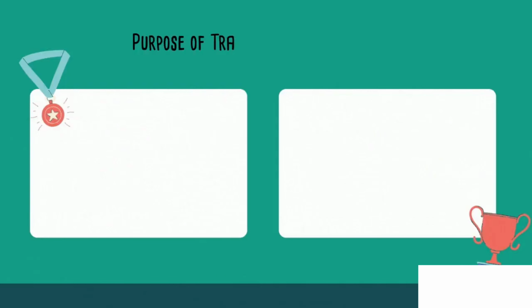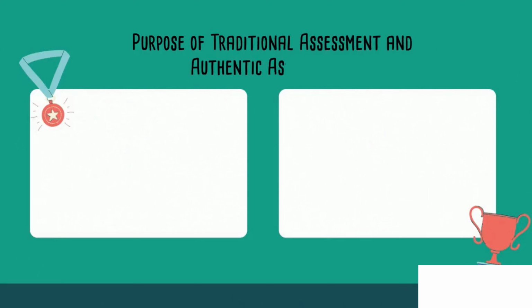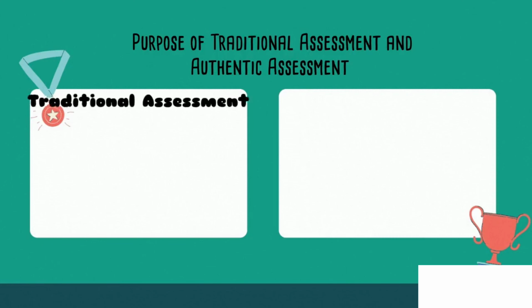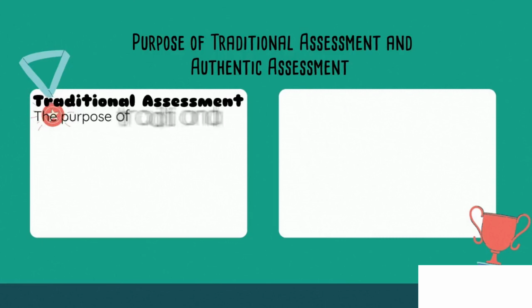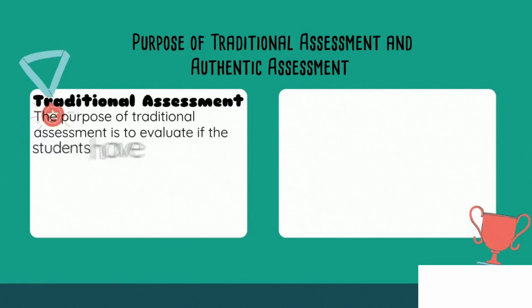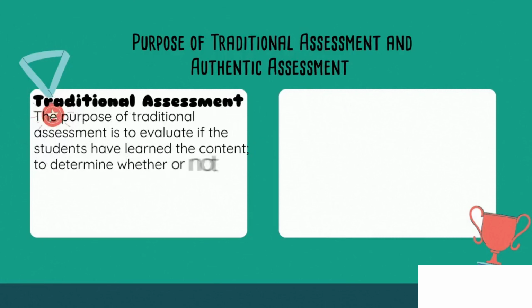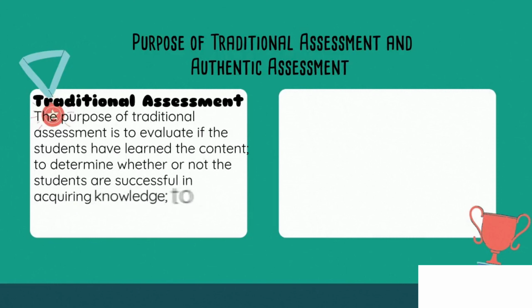Now the purpose of traditional assessment and authentic assessment. The purpose of traditional assessment is to evaluate if the students have learned the content of the lesson, to determine whether or not the students are successful in acquiring knowledge, and to rank and compare them against standards or other learners.